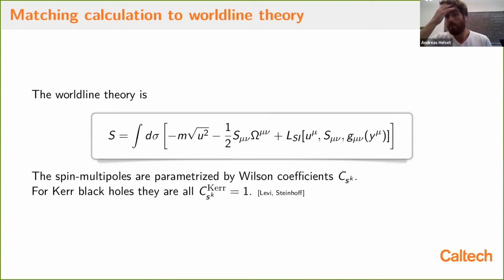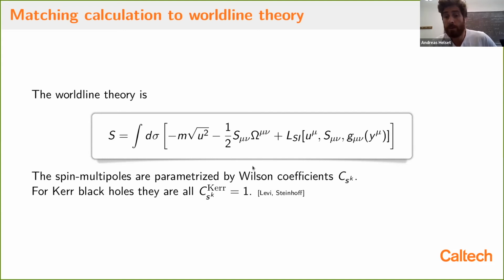And then what does it have to do with black holes? The easiest way to see this is to match this amplitude against something we know describes a black hole. And this we can do by comparing against the worldline theory. So here's the worldline theory for spinning particles, with spin degrees of freedom on the worldline, where all the spin is here as well as these spin multipoles.